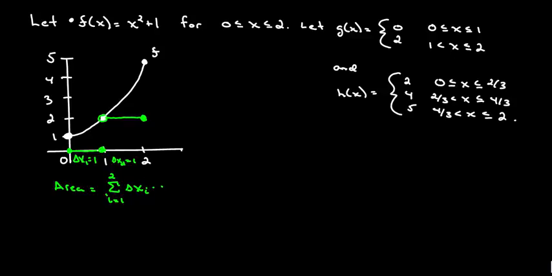I'll use k here for the height of the function, so ki. So the first one is k1 delta x1 plus k2 delta x2. So k1 is 0, delta x1 is 1, k2 is 2, delta x2 is 1, so this gives me a value of 2.